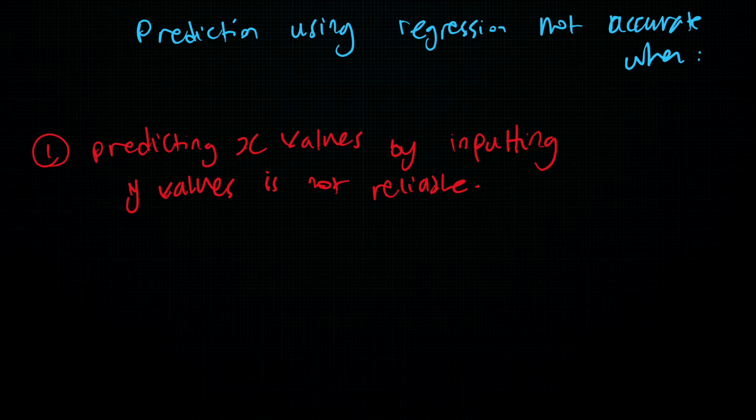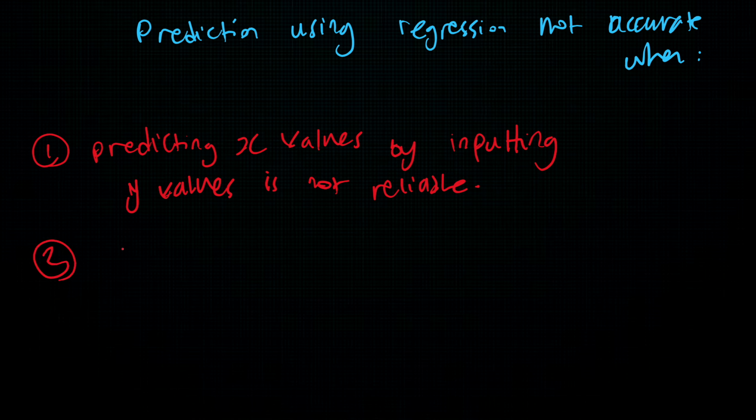Now that is not reliable. So predicting x values by inputting y values is not reliable. Your question might ask you to calculate it, but then it might ask you why it's not valid. So you need to say that it's not valid because calculating x values using y values is not reliable.